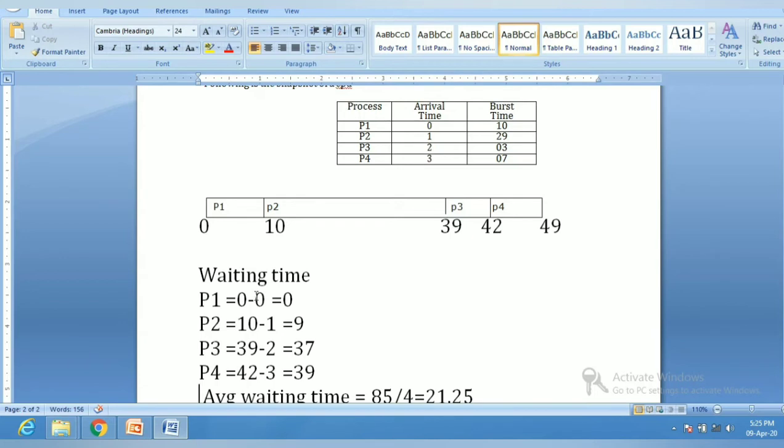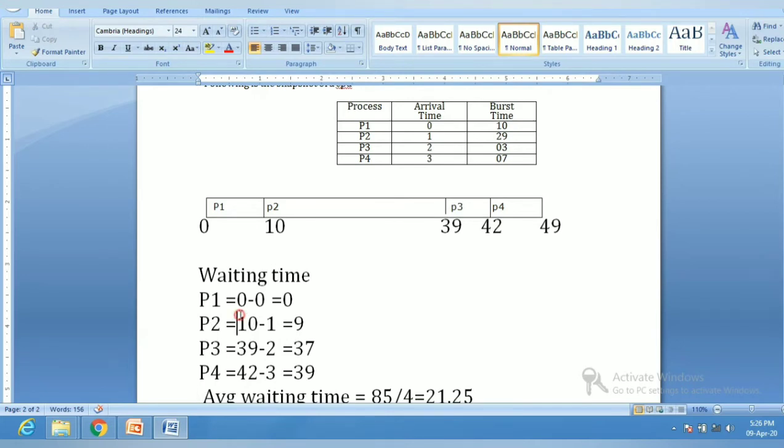I need to deduct the arrival time. So when I say process P1, the process P1 has waited, or I can say it has not at all waited, and the arrival is 0, so eventually the waiting time is 0. When I talk about process P2, previously when no arrival time was given, the waiting time was straight away 10.